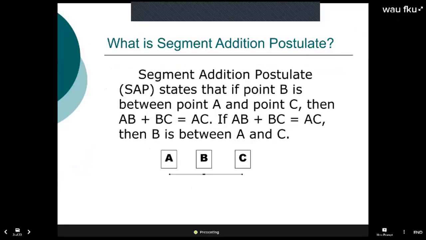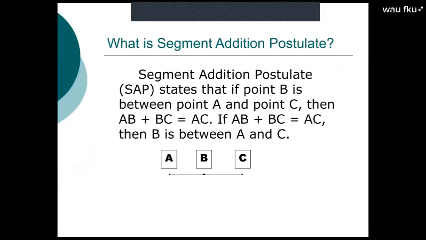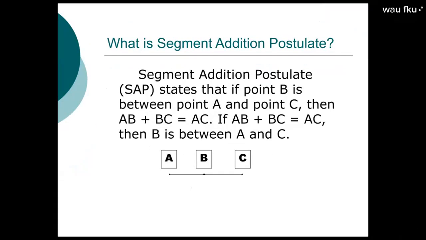We talked about this in last class, but the segment addition postulate, SAP, states that if point B is between point A and point C, then AB plus BC equals AC.